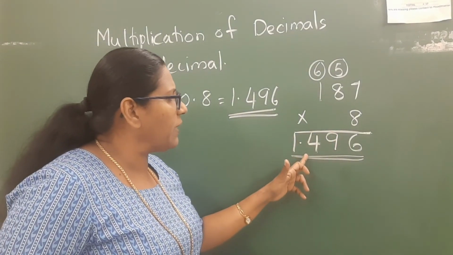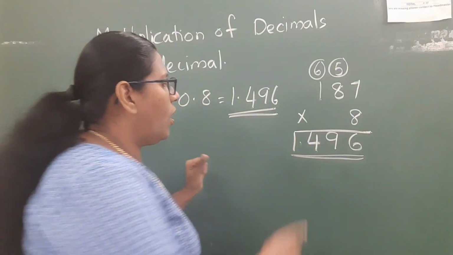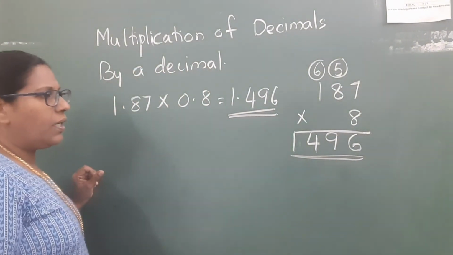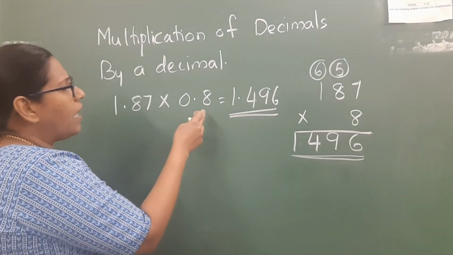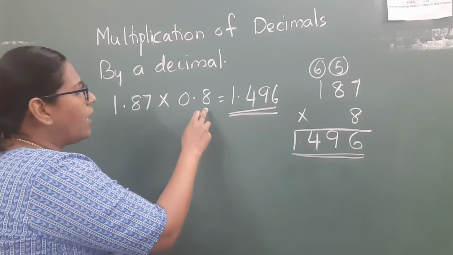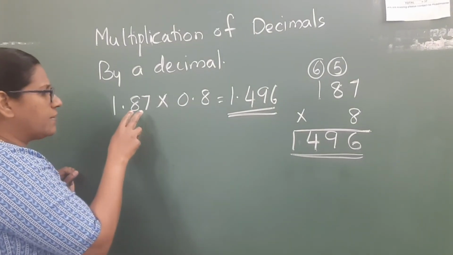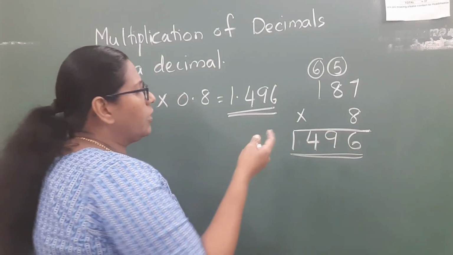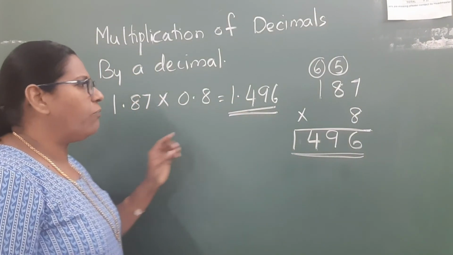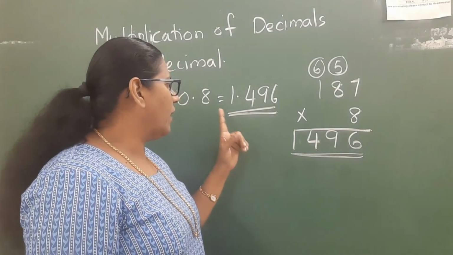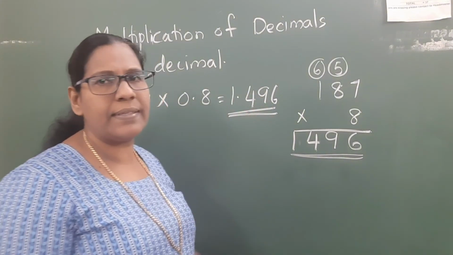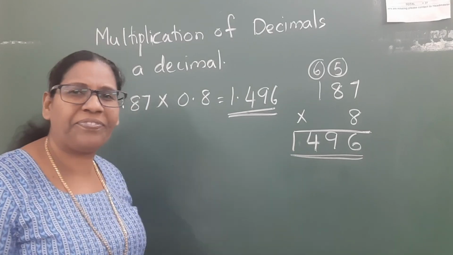After doing the multiplication, we get the answer 1496. Now we have to come back and see after how many places the decimal point is. Here after 1 place and here 2 places. This 2 plus 1, 3. So after 3 places, we will put the decimal point and we read 1.496. This is the answer.